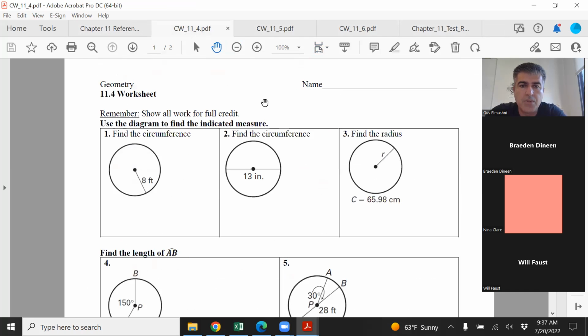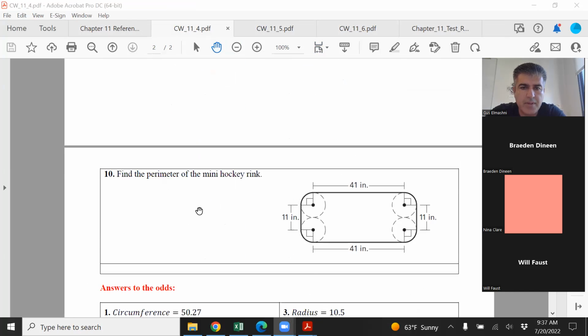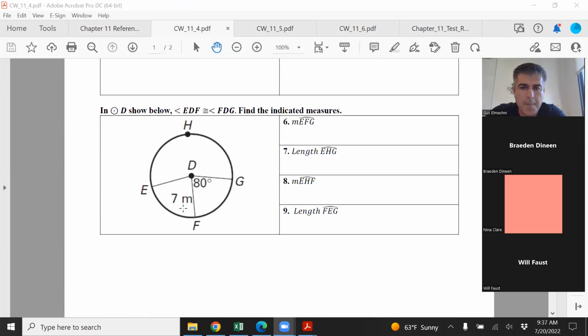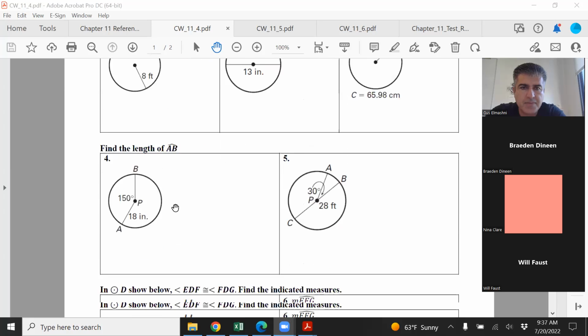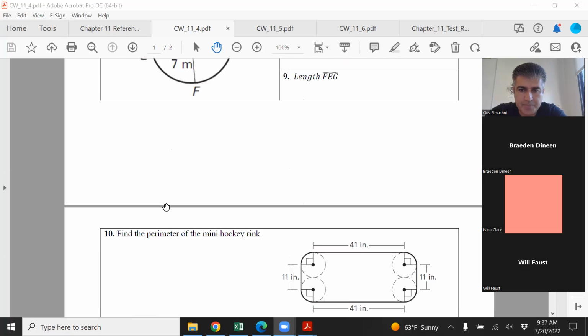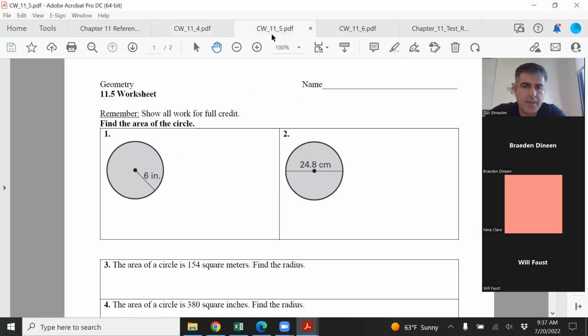Okay, so let's talk about 11.4. Let me quickly take a peek at what we're dealing with. Looks like it's all arc length. That's area and sectors. Got it. So 11.4.